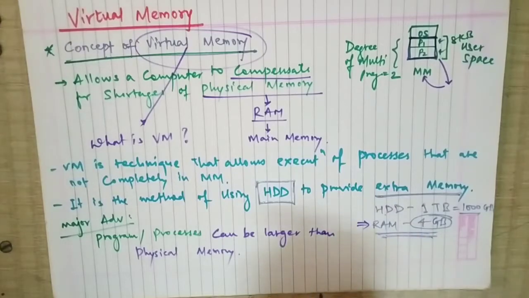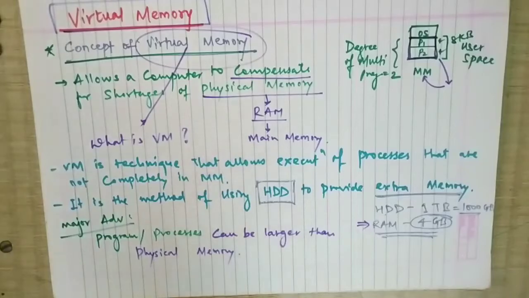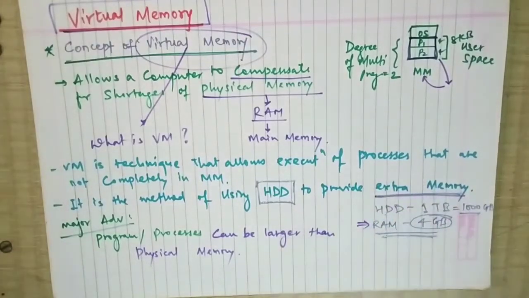So we can make use of the virtual memory concept to compensate for the shortage of the RAM. The advantage is that our program will be executed because we are getting extra memory from the hard disk. So this is the concept of virtual memory.